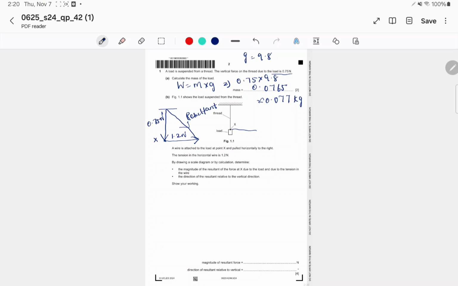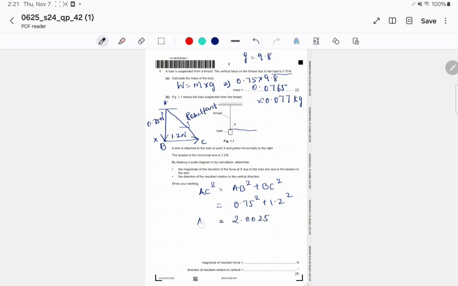How to calculate? We can use the Pythagoras theorem. Writing the triangle as A, B and C, AC squared equals AB squared plus BC squared, so it is 0.75 squared plus 1.2 squared, which equals 2.0025 before taking the square root.